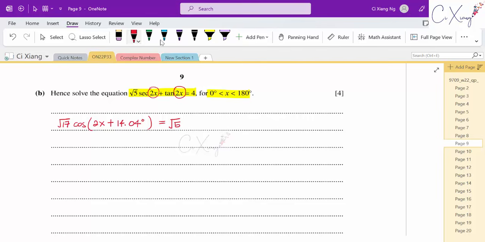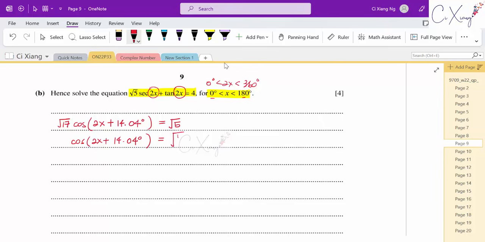A general guideline: if x is between 0 and 180, that means for 2x, we should try to figure out the answers from 0 to 360, which means you have to go through one cycle, one round. So we can further solve this question.